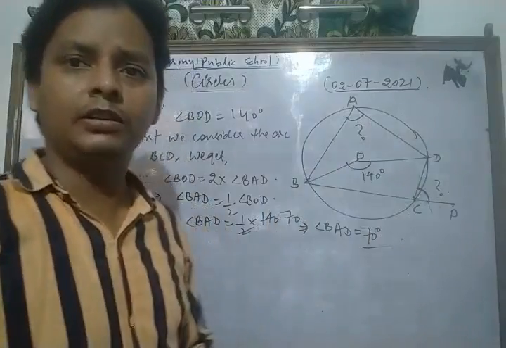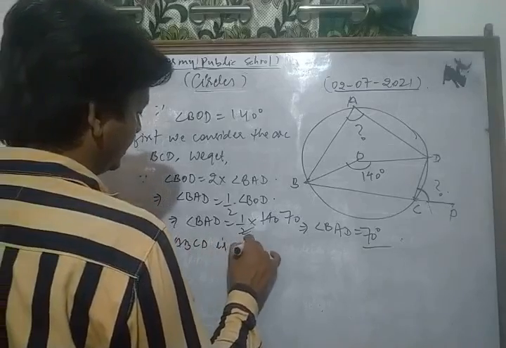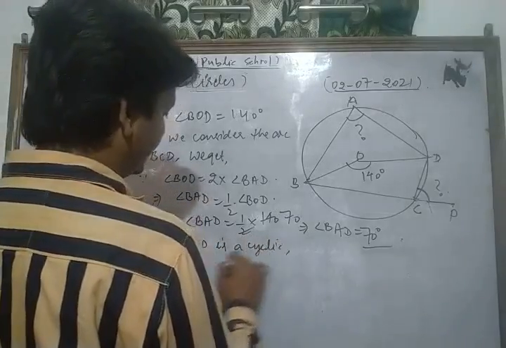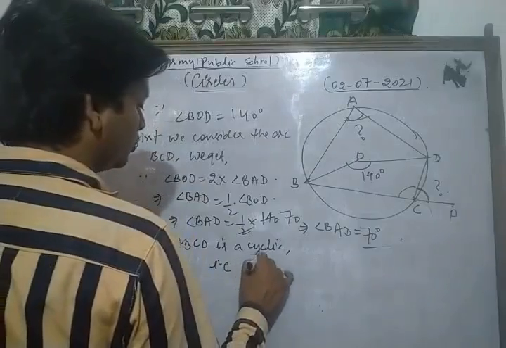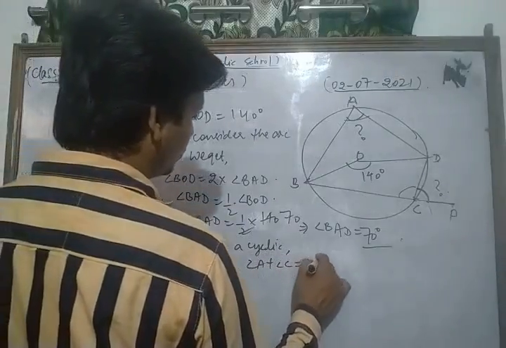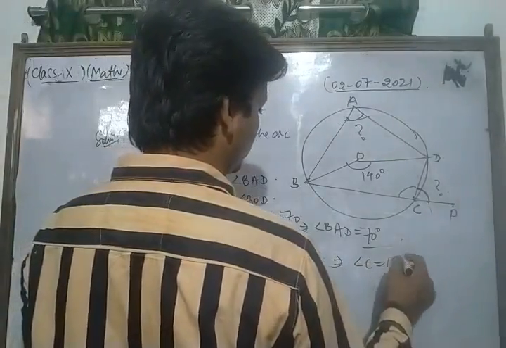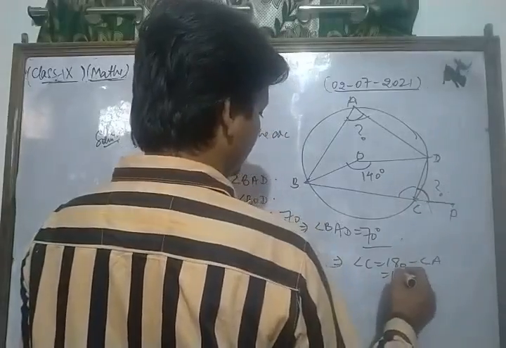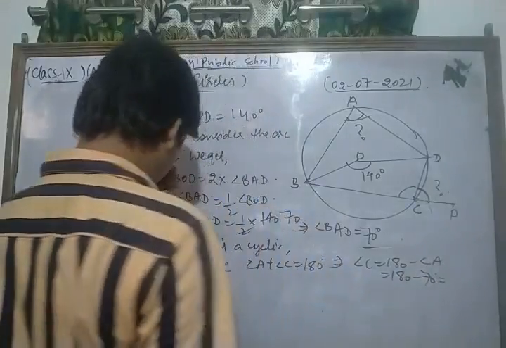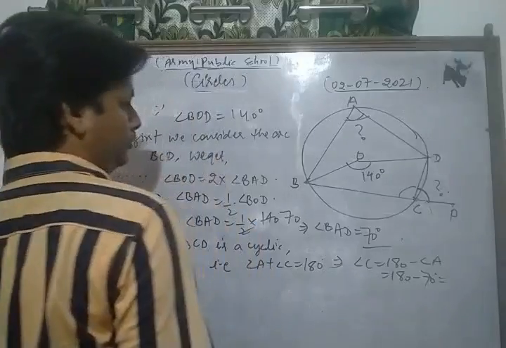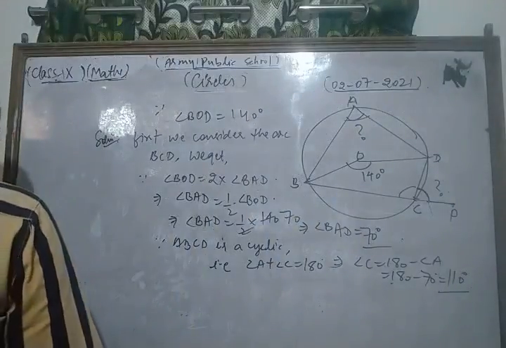Now since ABCD is a cyclic quadrilateral, the sum of opposite angles is 180 degrees. So angle A plus angle C is equal to 180 degrees. So angle C is equal to 180 minus angle A, that is 180 minus 70, which is 110.